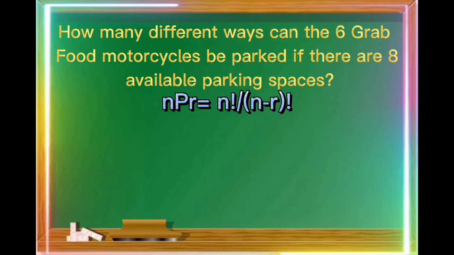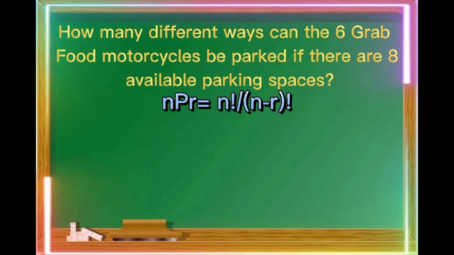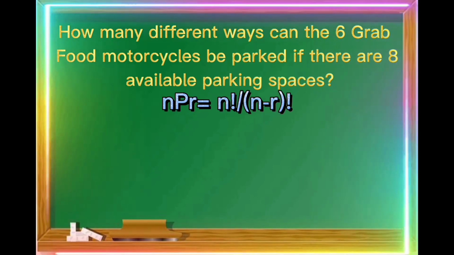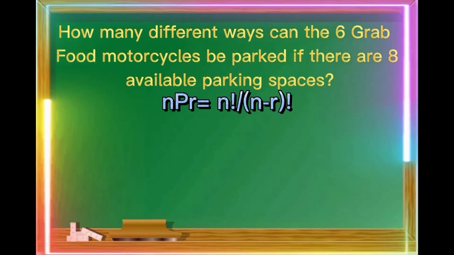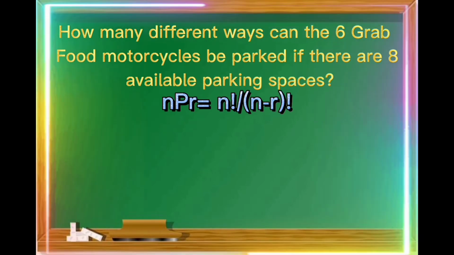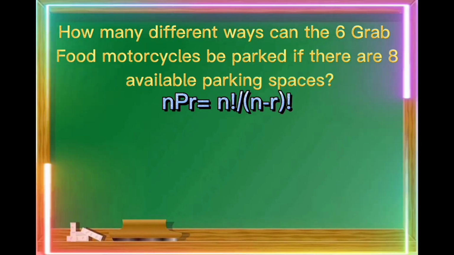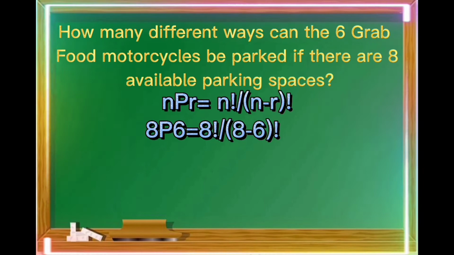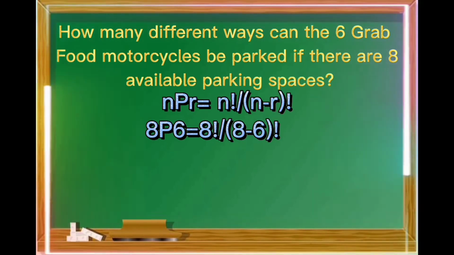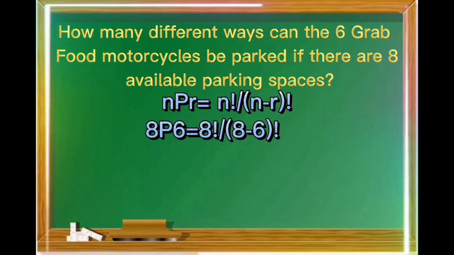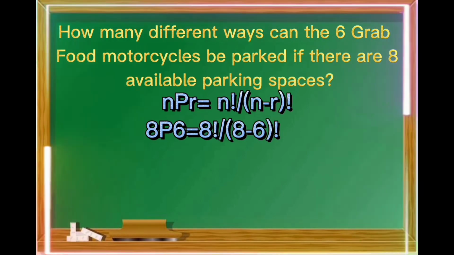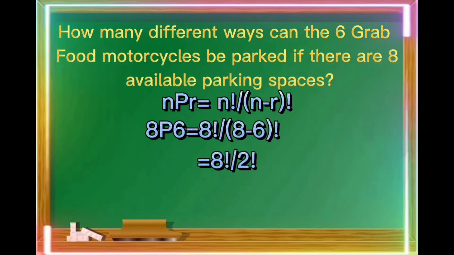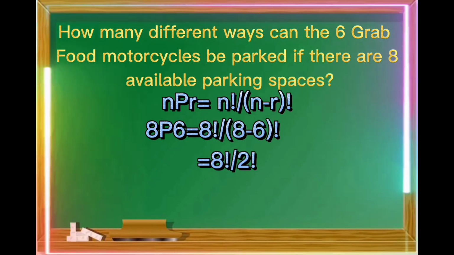For the solution, we will now use the formula permutation of n objects taken r at a time is equal to n factorial over n minus r factorial, where our n is equal to 8 and r is equal to 6. So we'll have permutation of 8 taken 6 at a time is equal to 8 factorial over 8 minus 6 factorial. Simplifying, we have 8 factorial over 2 factorial.